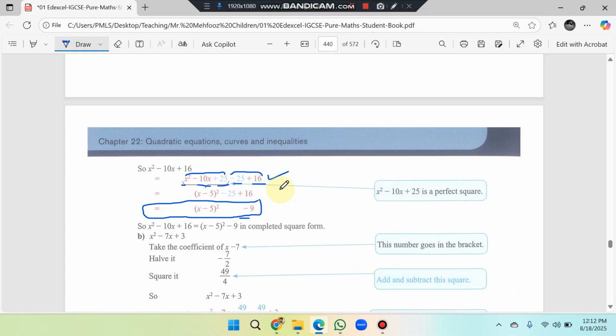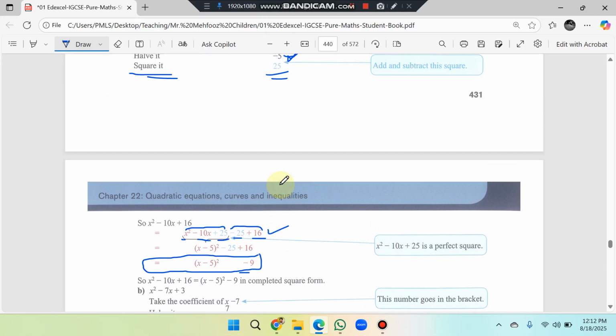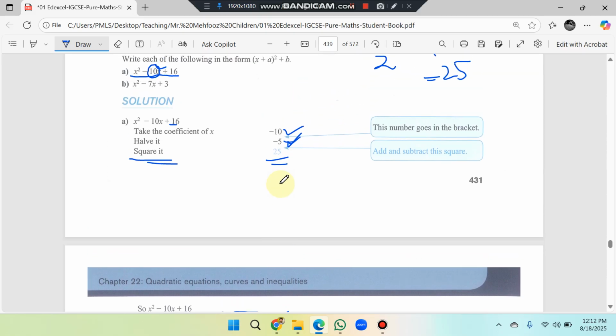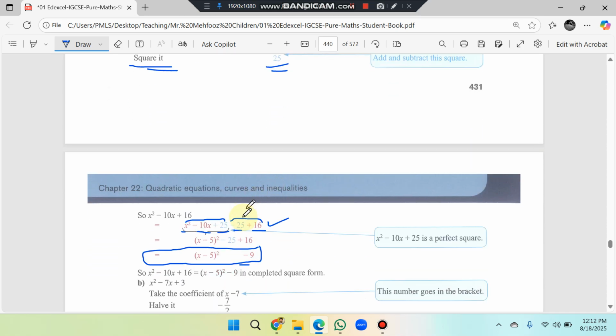Do you understand or not? Okay, so it means that we can write every quadratic expression in the form of x plus a whole square plus b. So in this case, you can see that a is minus 5 and b is minus 9, right?